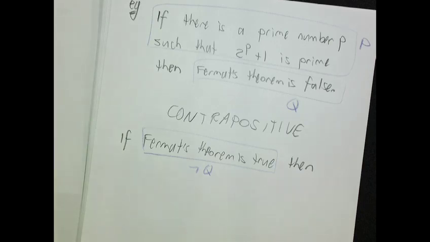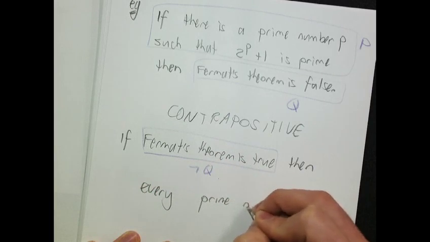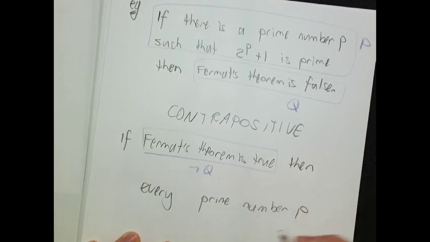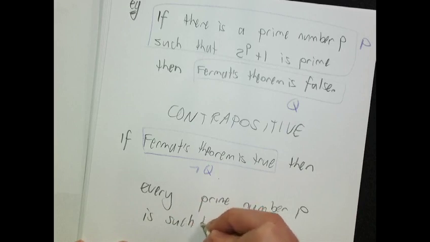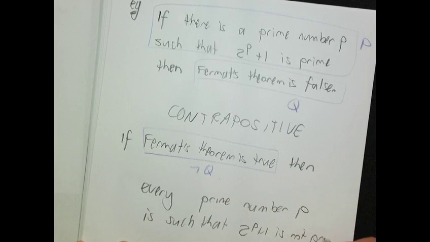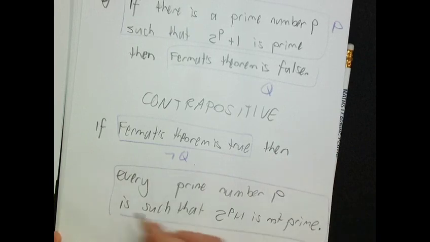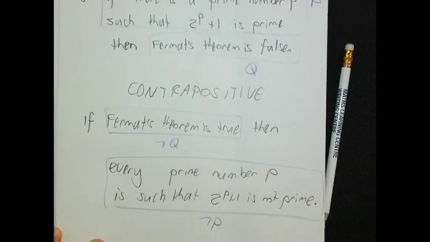Okay, so let's see. So there is a P such that blah blah blah, every prime number has not that. Okay, then every, this is not P. Okay, there is a P became an every P, and the 2 to the P plus 1 is prime became a 2 to the P plus 1 is not prime.